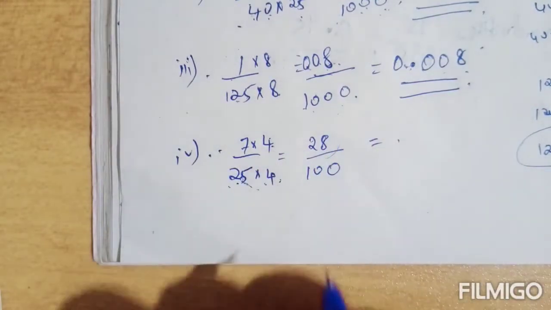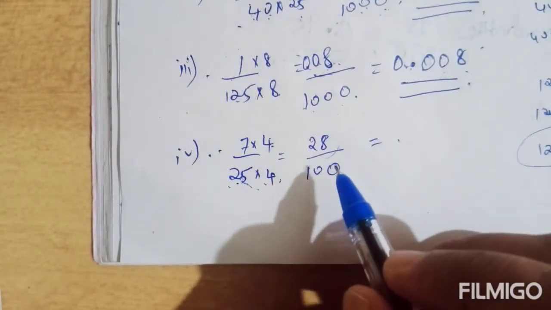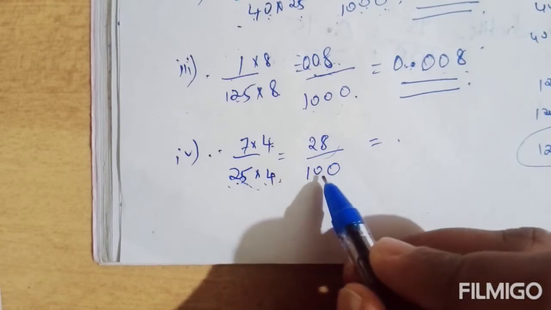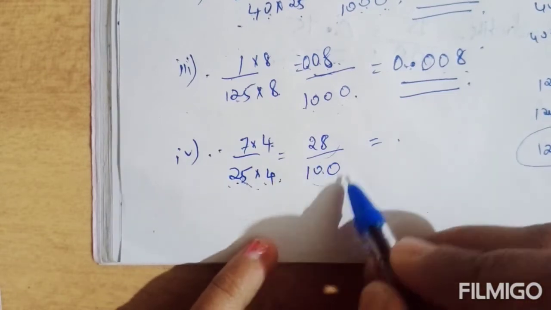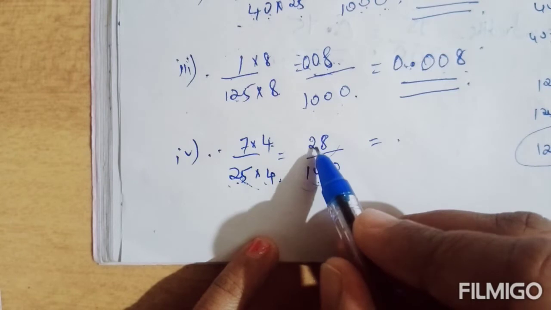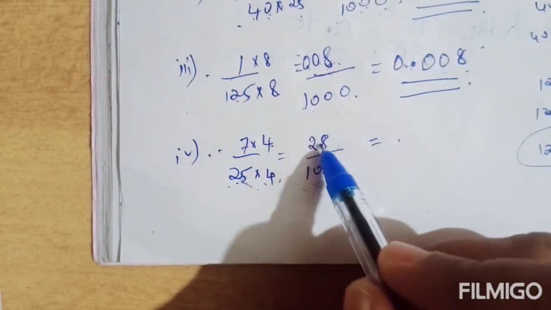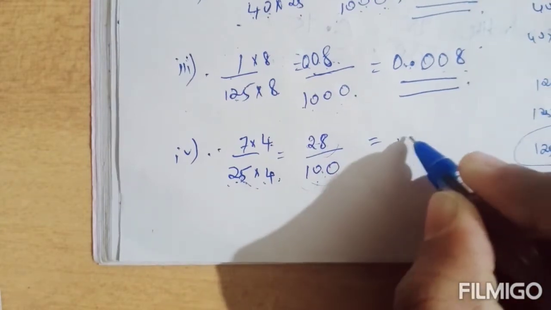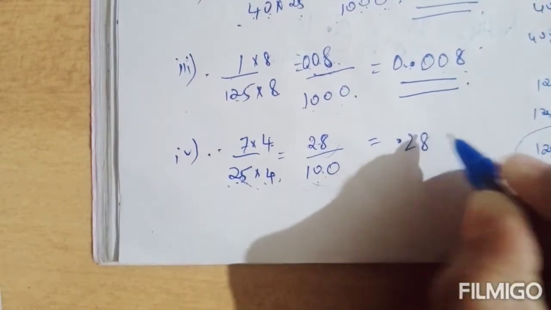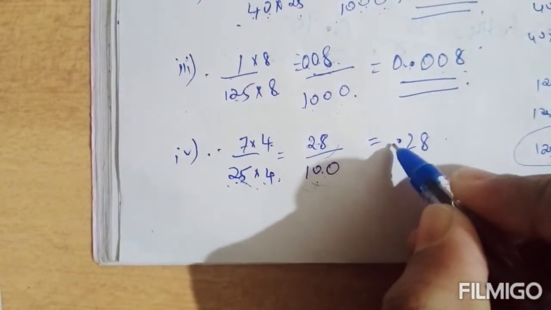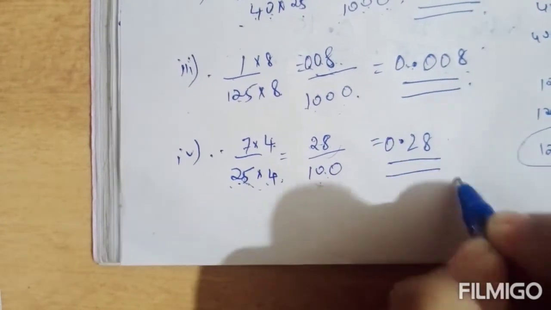So 28 by 100. On converting to a decimal fraction, what will you get? The denominator is 100, so after the decimal point 2 digits should be there. Look at the numerator, 2 digits are there. So you can write those 2 digits after the decimal point, and the answer will be 0.28.